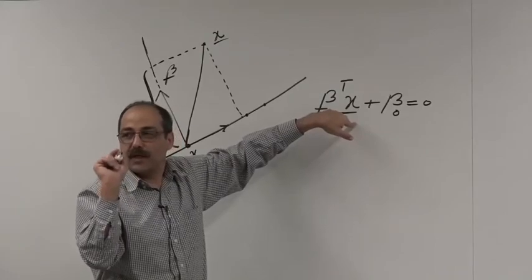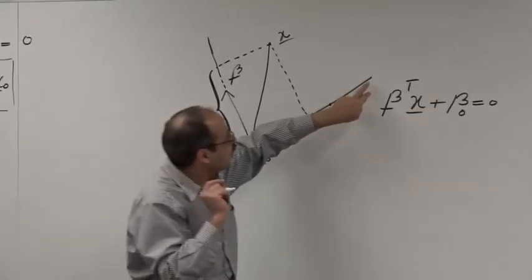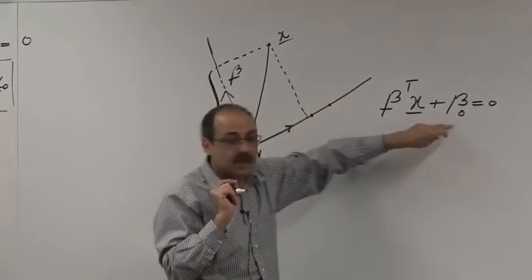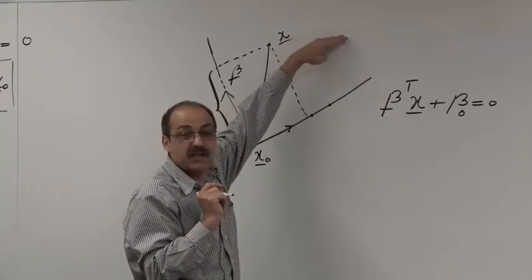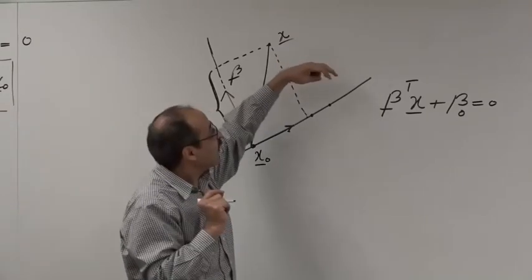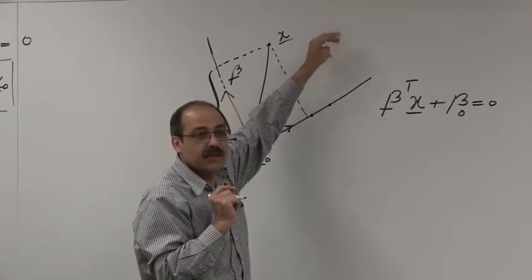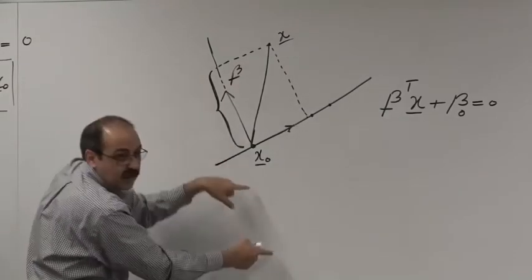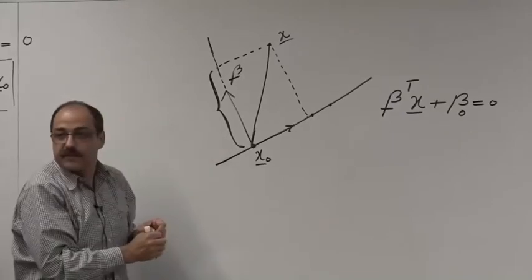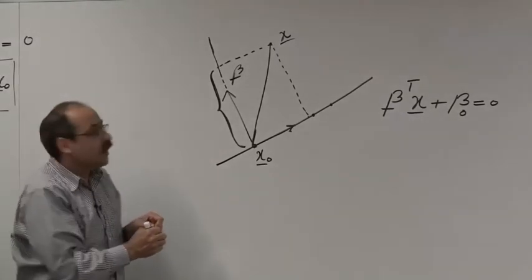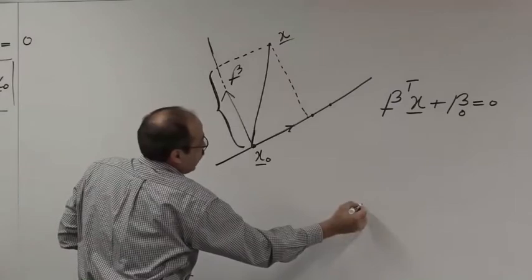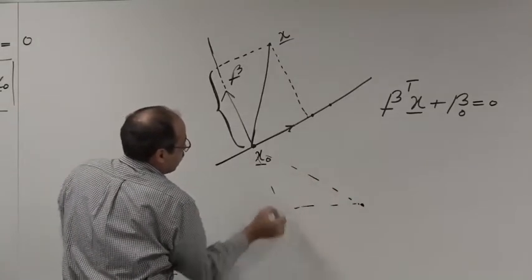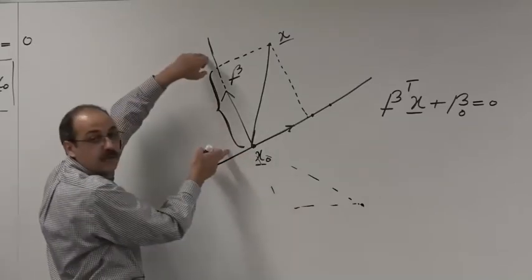But we are not quite done, actually. If the point is on the hyperplane, beta transpose x plus beta null is equal to 0. If the point is not on the hyperplane, if I'm on one side of the hyperplane, then this is going to be positive. I'm on the other side, this is going to be negative. If I'm the same distance from the hyperplane here and compute this projection, this is going to be negative, and this side is going to be positive.